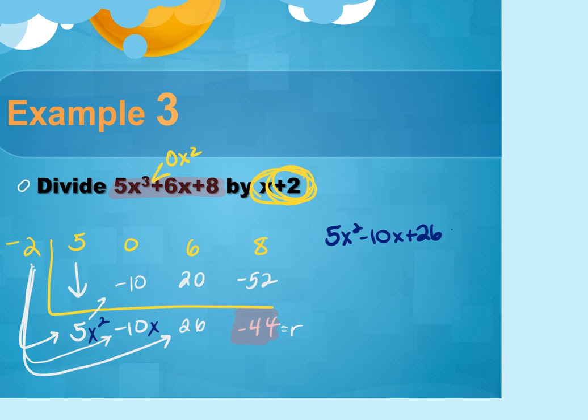Now, instead of writing plus a negative 44 over x plus 2, we take that negative from the numerator and bring it out front. So this changes to minus 44 over x plus 2. Questions on that one?